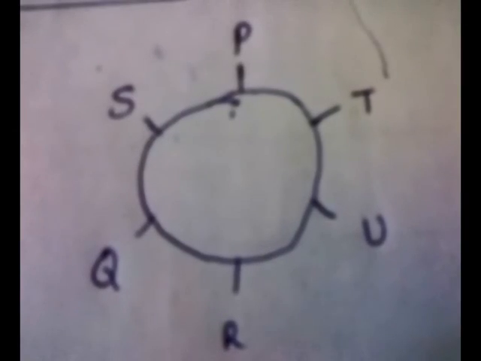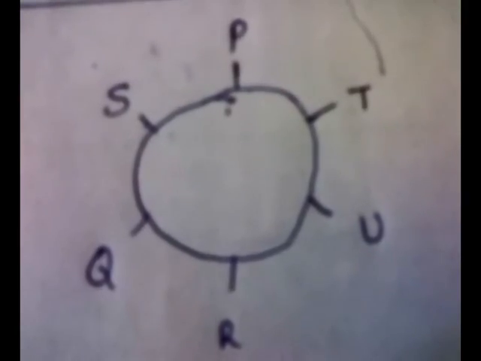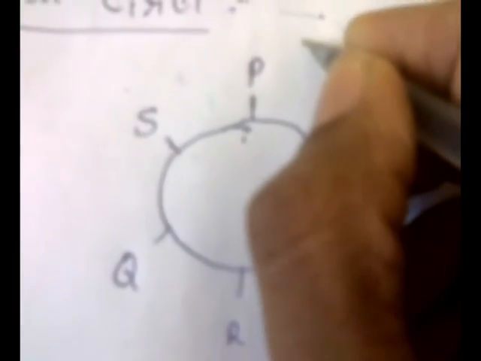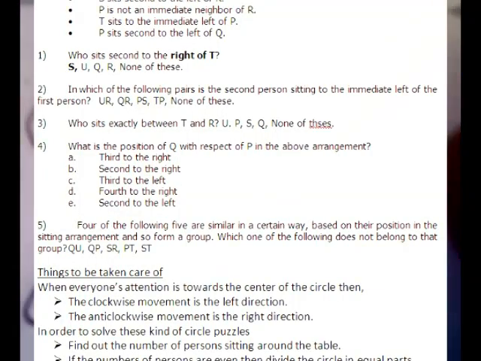So we will move in anti-clockwise direction from T. So here is T, and we will move in anti-clockwise direction because it says right of T. Who sits second to the right of T means in anti-clockwise direction second, it is S. So the answer for our first question is S.